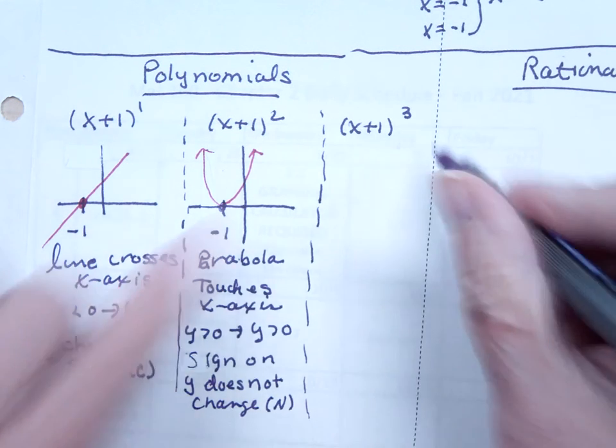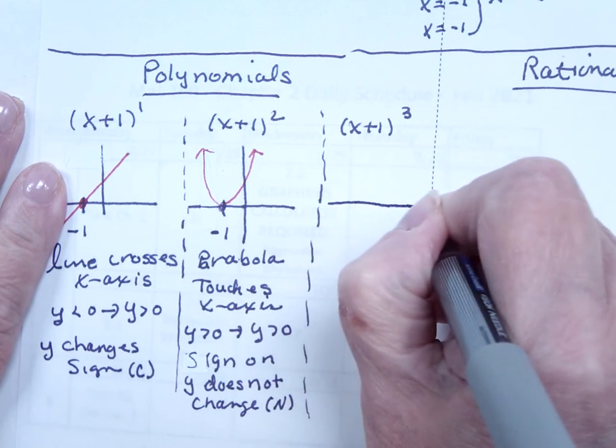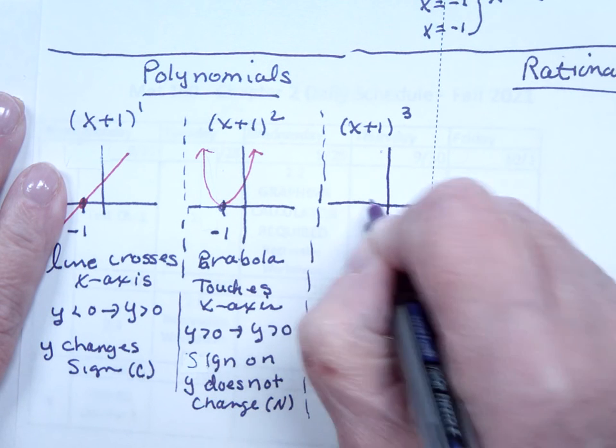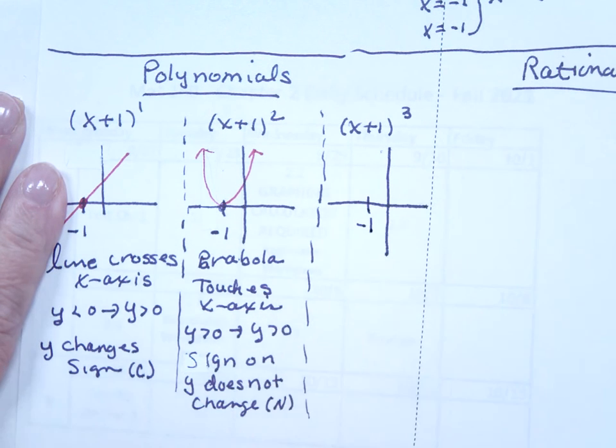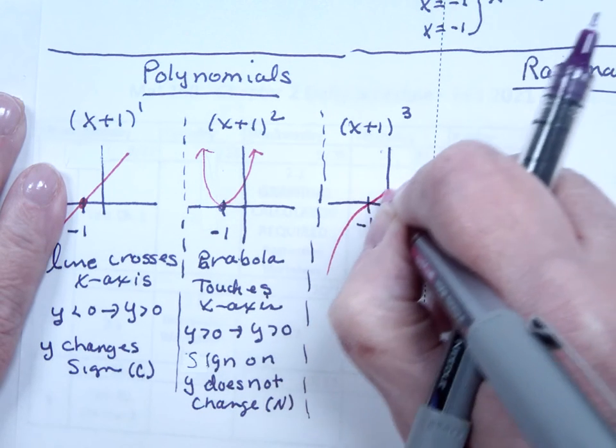Now, what does this guy look like? I want to draw my horizontal again so I can get my vertical into place. And negative 1. Now, what he looks like is an S curve.